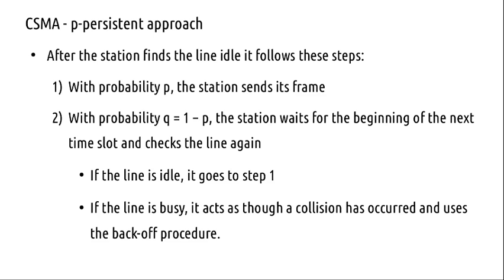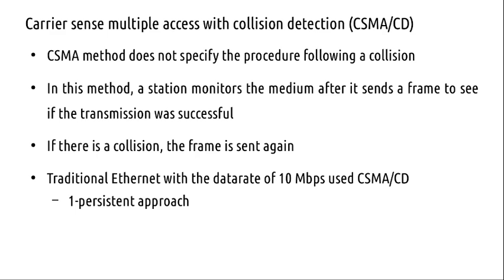So CSMA doesn't know what to do in the event of collision. It will just check whether the medium is free, and send the frame, and if there is a collision, the frame is sent again.